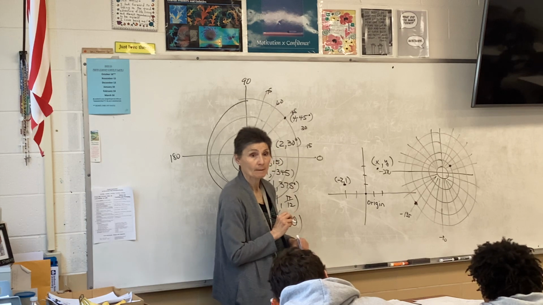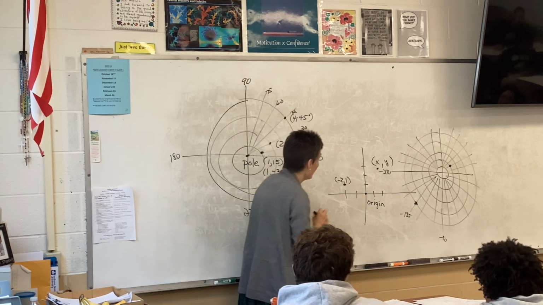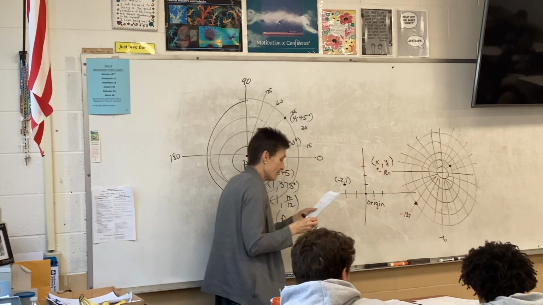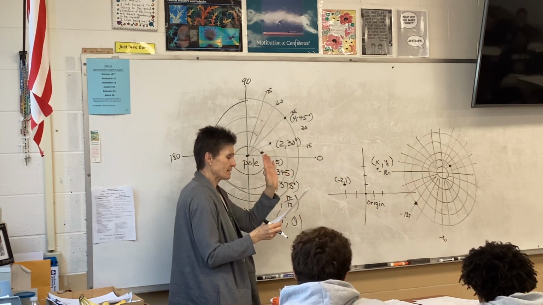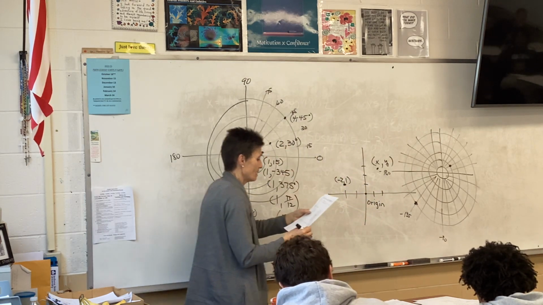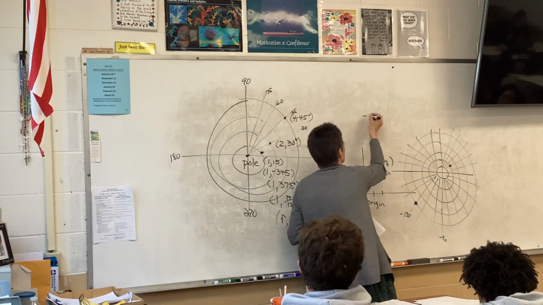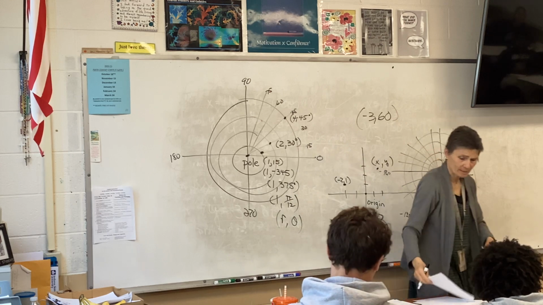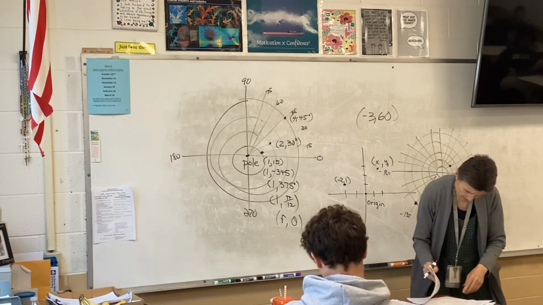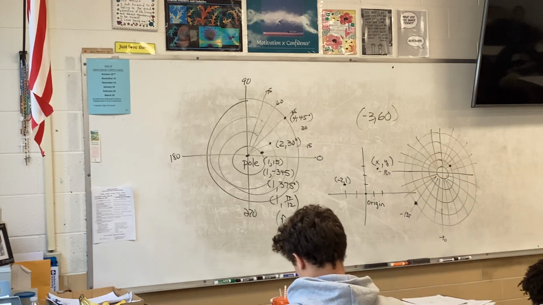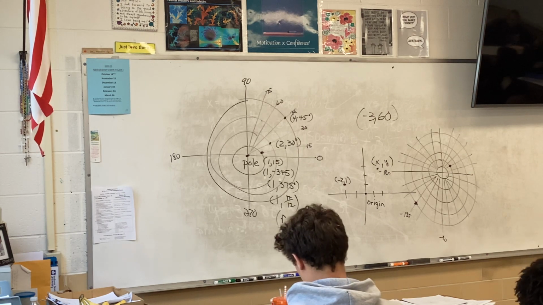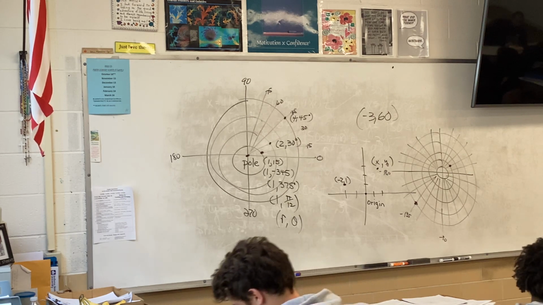Even negative 180. Oh, yeah, negative 180. Thank you. Okay, and then, whoa, wait a second. Negative 360. Whoa, we'll have to do that one next time. That's a little tricky.